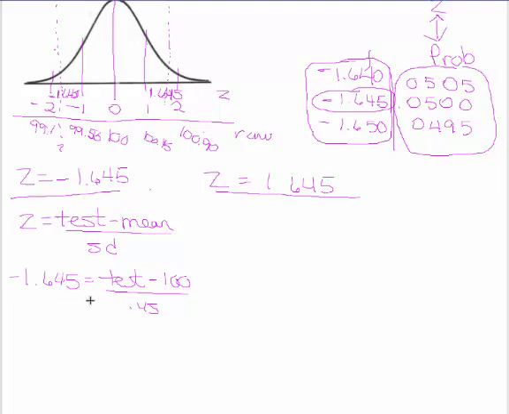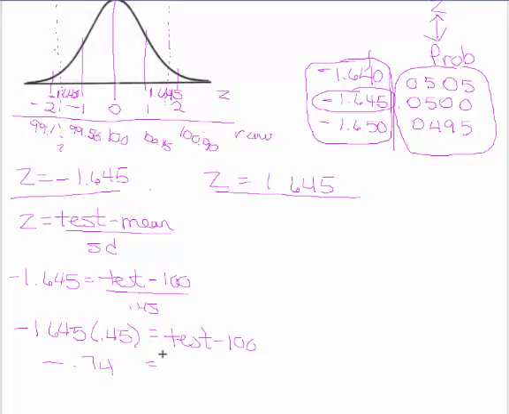Okay, and so cross multiply on this. When you cross multiply, you're going to get, and I'll just write that down. Negative 1.645 times 0.45 is what I'm doing over there, equals test thing I'm looking for minus 100. Okay, and when you multiply that over there, you're going to get negative 0.74.